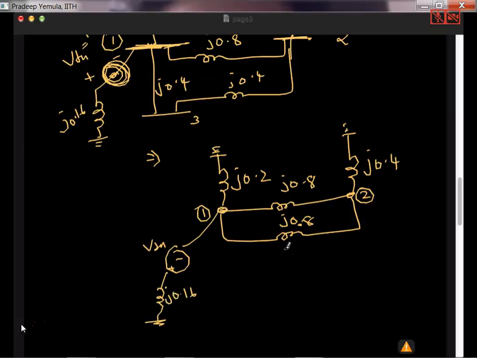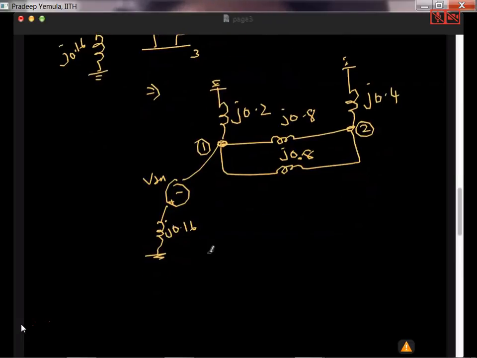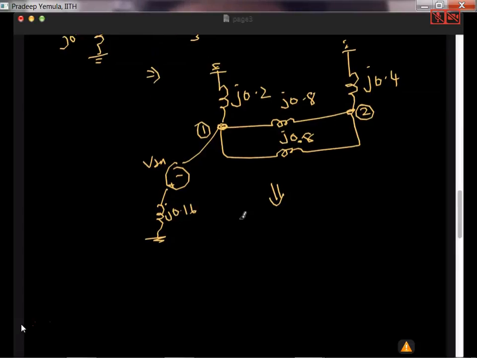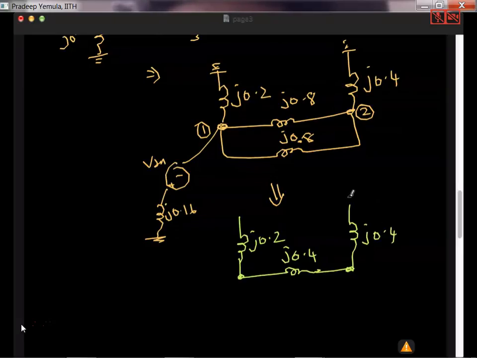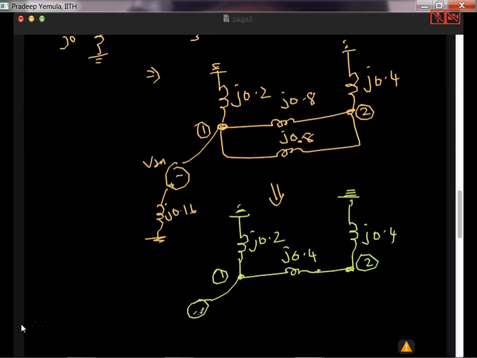Now these two are in parallel. So what I'll get now? I'll get j0.2, and then this branch will become j0.4, and then this branch will become j0.4, and this is grounded, this is grounded, this is bus 1, this is bus 2, and the fault is here.